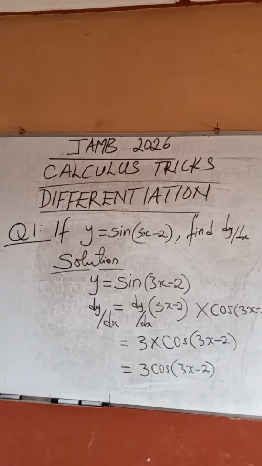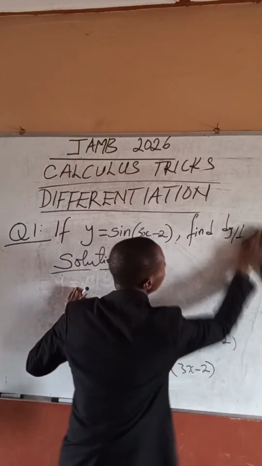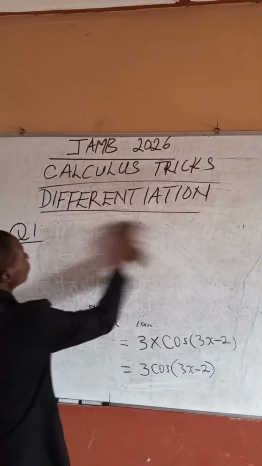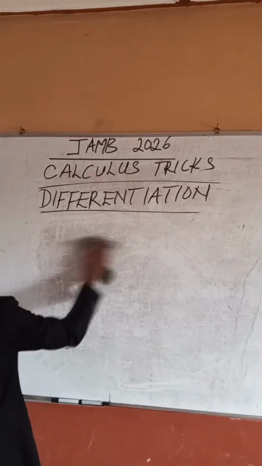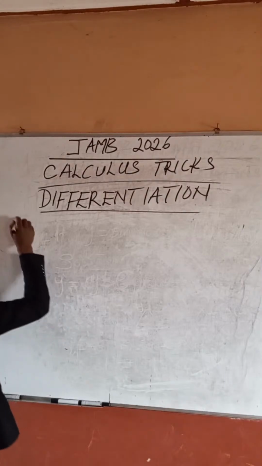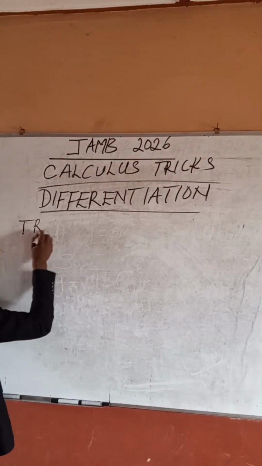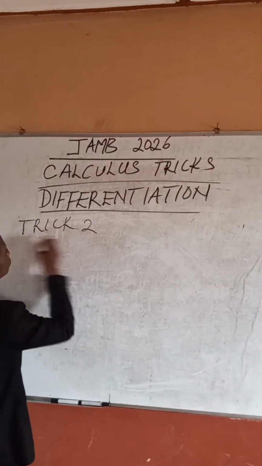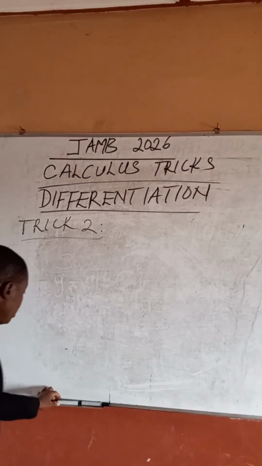So we go to the next phase. Let's go straight. Question number 1 and 2 are gone. Now let's look at this particular case here. That's question number 3. That's trick 2. Trick 2 is for question number 3 and question number 4.